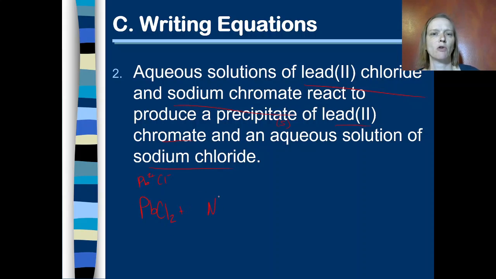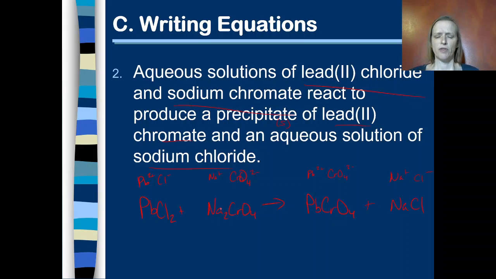Reacts with sodium chromate, sodium has a charge of +1, and chromate is CrO4 with a charge of -2, so this is Na2CrO4. Lead 2 chromate, PbCrO4, because lead still has a charge of 2 and chromate still has a charge of -2. And sodium chloride. Sodium has a charge of +1, chloride has a charge of -1, so sodium chloride.